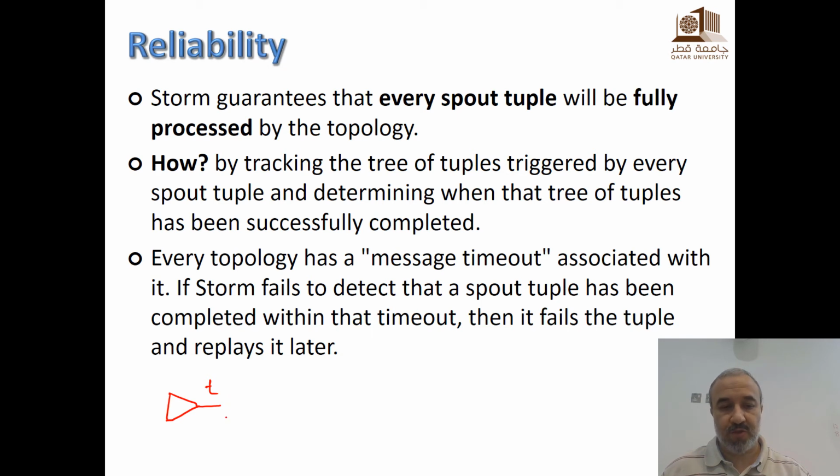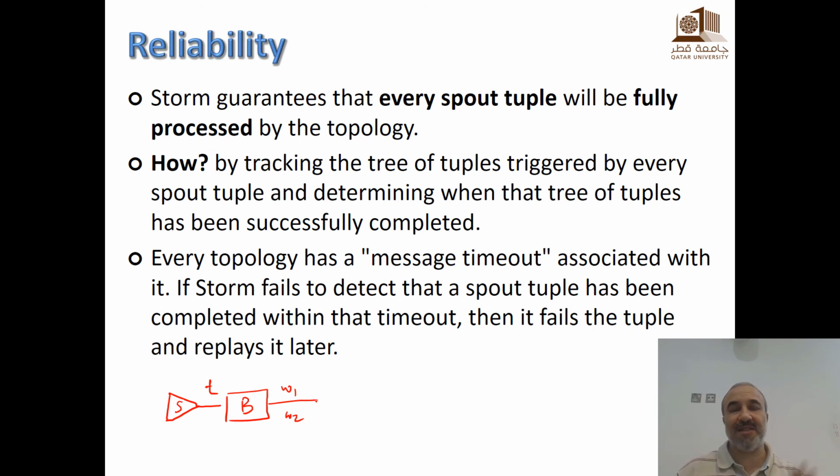Okay, so it will go to this bolt, and this bolt will generate two tuples, right? W1 and W2.